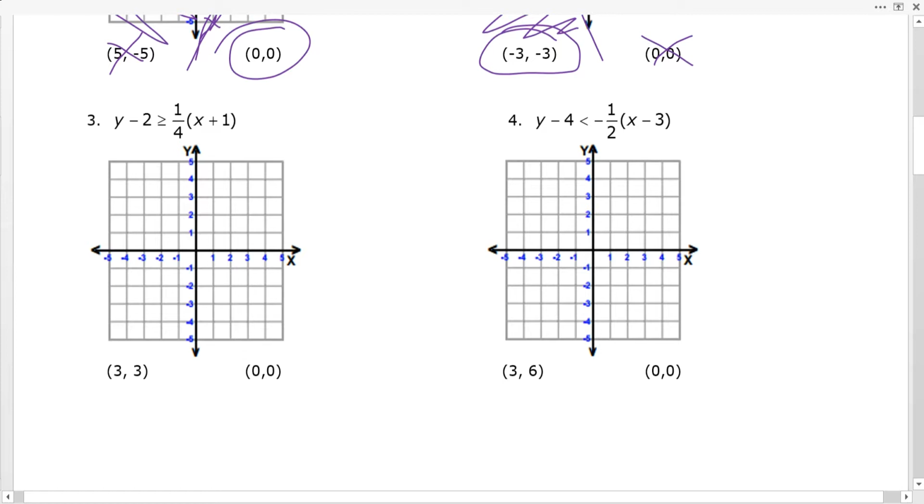Okay, number 3. My slope is 1/4. My point is going to be negative 1, 2, because it's the opposite sign from what's in my equation. So if I find negative 1, 2, my slope is going to go up 1 over 4. So I'm going to go up 1, 1, 2, 3, 4 is right there.